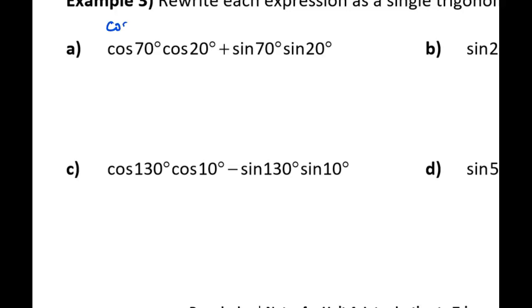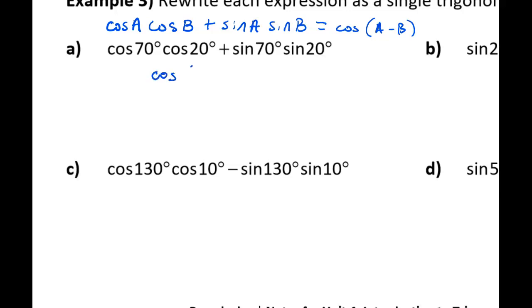All you have to do right here is recognize that this is in the form cosine A cosine B plus sine A sine B, and our identity would tell us that that's equal to the cosine of A minus B. So since our A is 70 and our B is 20, this is the cosine of 70 minus 20, or the cosine of 50 degrees.